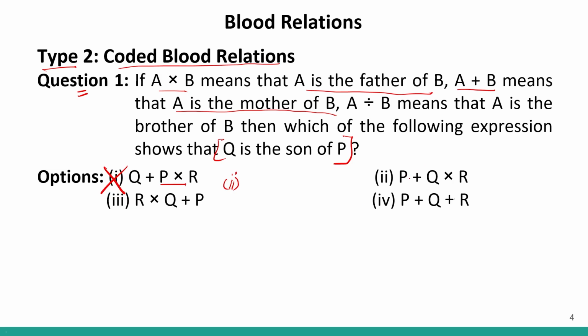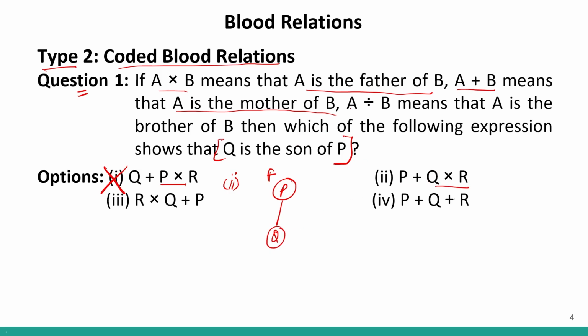Option number 2 says P plus Q. So P plus Q means P is the mother of Q. So P is the female mother of Q. Now based on this diagram, I can judge that Q is the child of P. But the gender of Q is still unknown. So let us look forward.